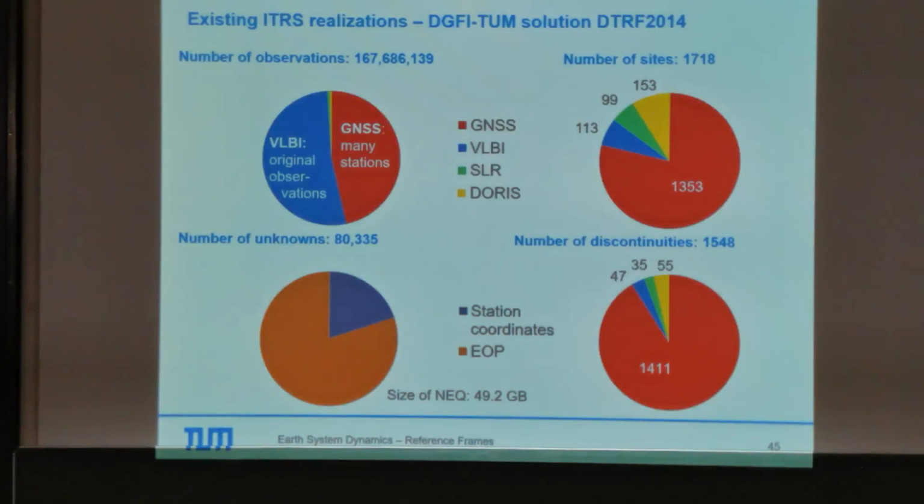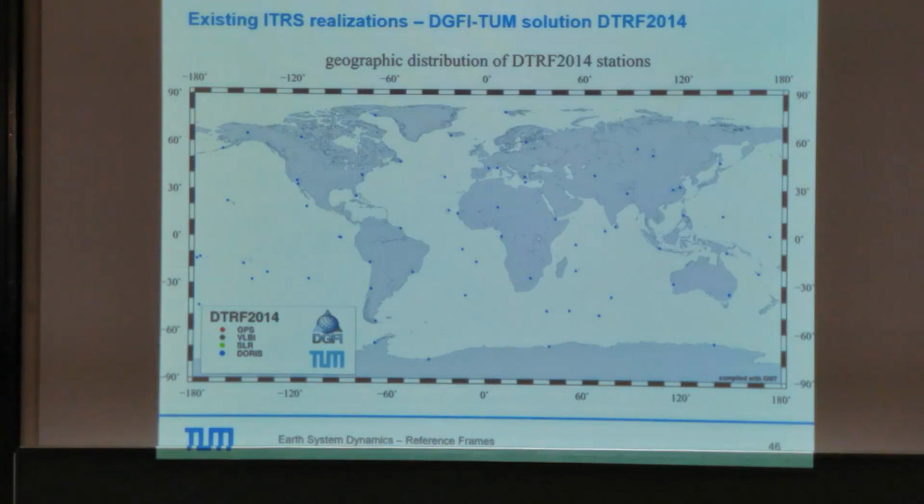Easily, the next normal equation will be around 100 gigabytes to be inverted, and the inversion lasts around 2 days. So you see how costly this is to be estimated. Okay. Then let's finish here.